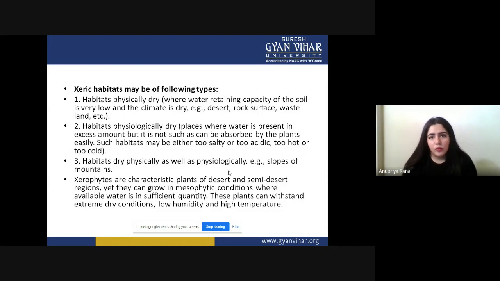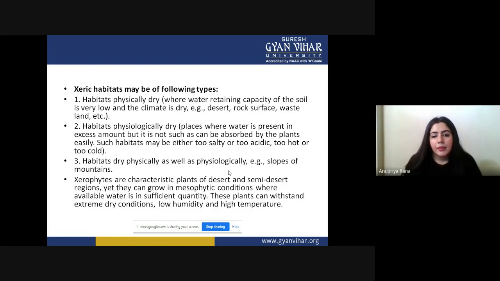Also, the sea has a lot of water, but sea water cannot be used for the growth of normal plants. Only aquatic kinds of plants can grow in sea water. If too much salt, acidity or heat is present, the water is not useful for plant growth. In that condition, we call the habitat physiologically dry. Water is there, but the plant cannot use it. Any situation which does not let the plant use the water makes the habitat physiologically dry.